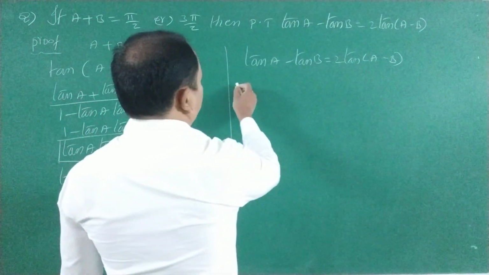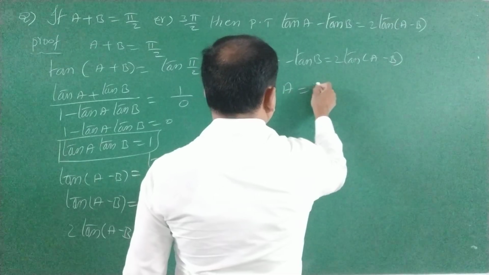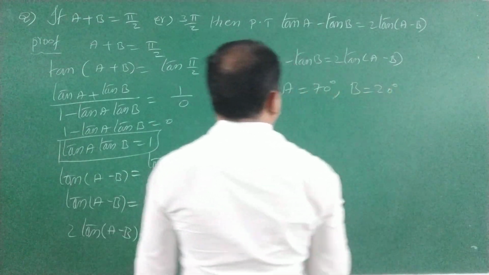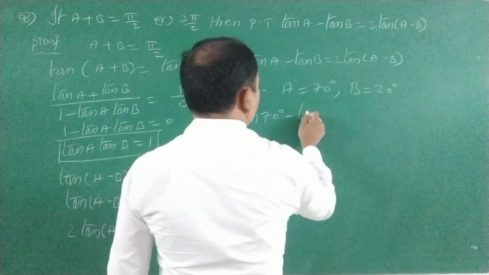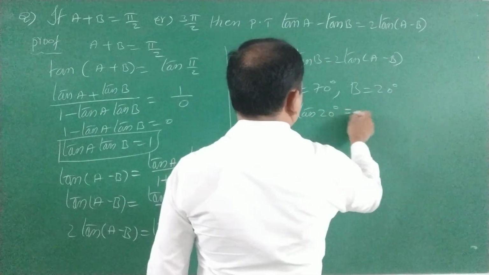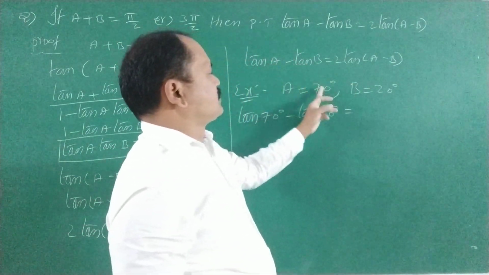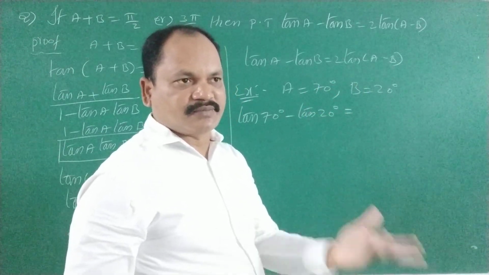Let us take examples. A is equal to 70, B is equal to 20. Then tan 70 minus tan 20 is equal to... Substitute: A plus B is 90. A is 70, B is 20, so A plus B is 90.